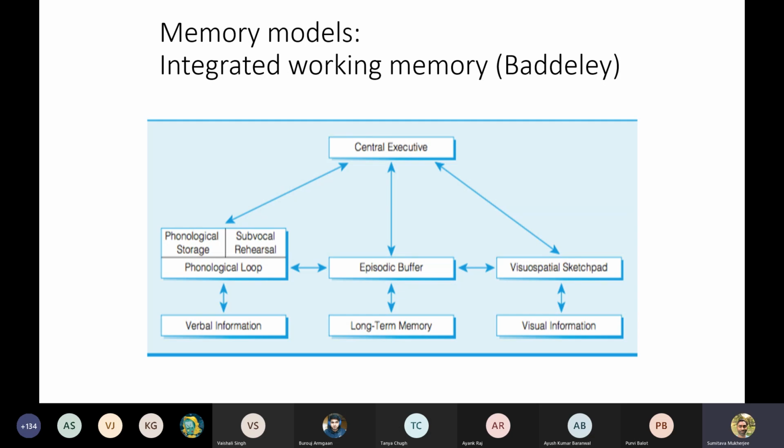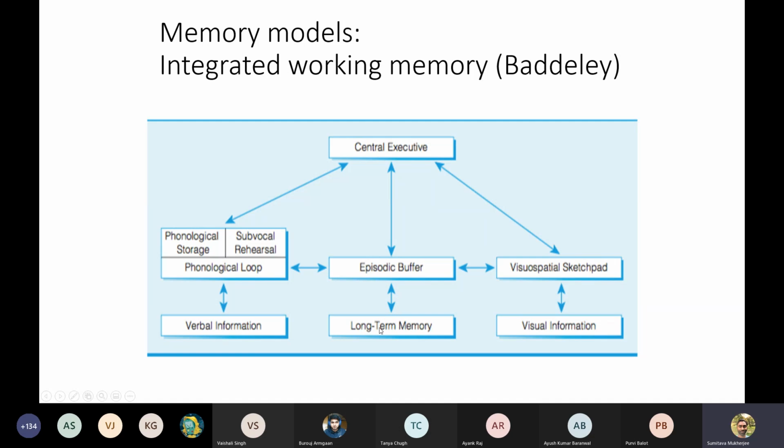When we memorize something or when we remember something, we remember it in a holistic way. If we remember a rainy afternoon, then we remember a rainy afternoon, which has sound, which has vision, which has space, which has time, all together. So Baddeley's third major idea is that this episodic buffer is where this kind of integration happens.